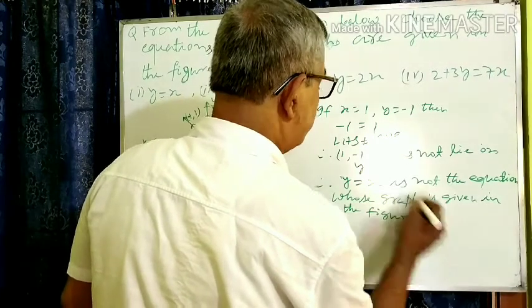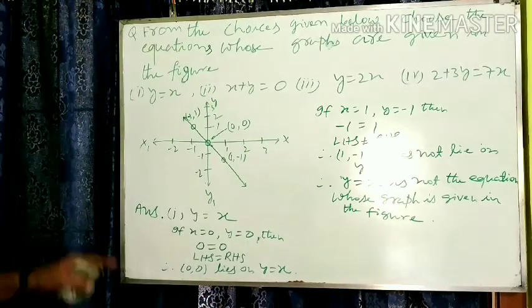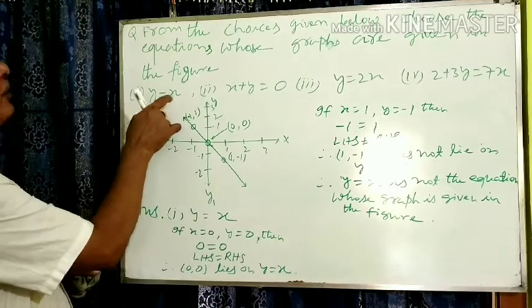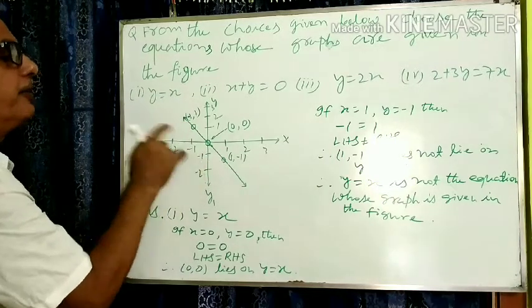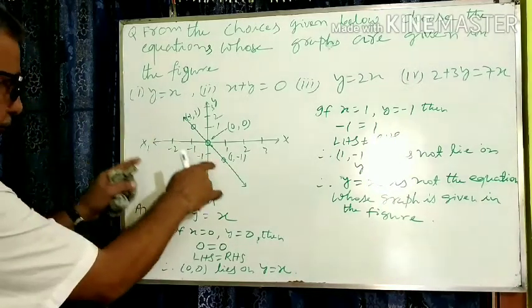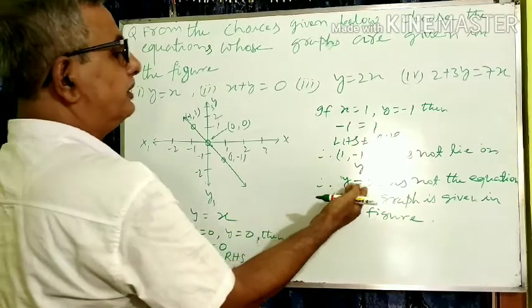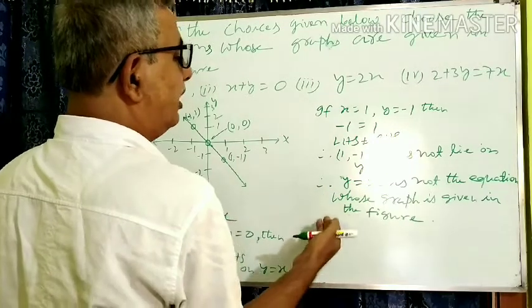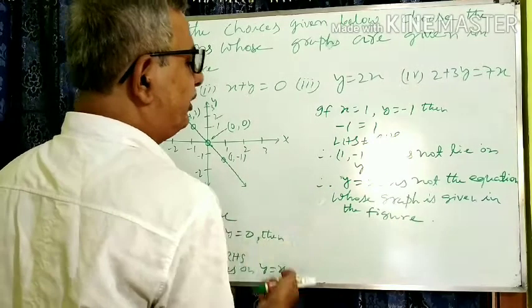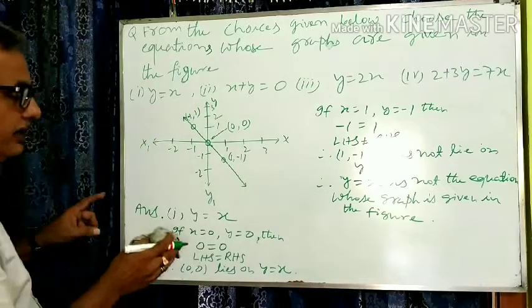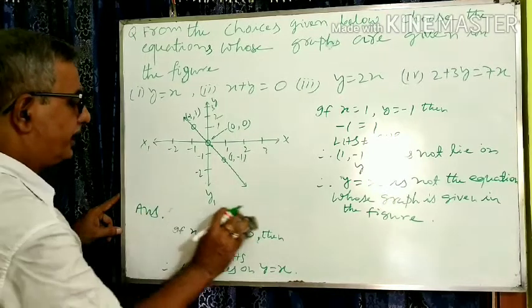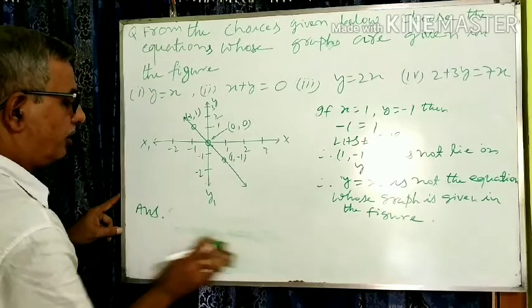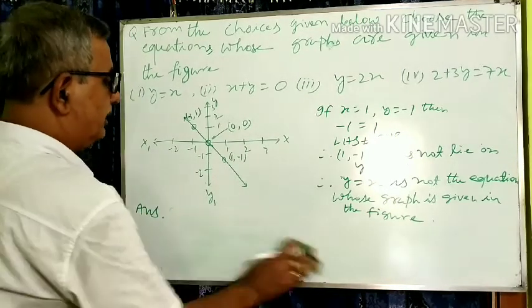Now you see. So from here you came to know this is not the equation of the graph given in the figure. Like that also you could have written. Now second one I am writing. One you came to know that it is not the equation of the graph given in the figure.